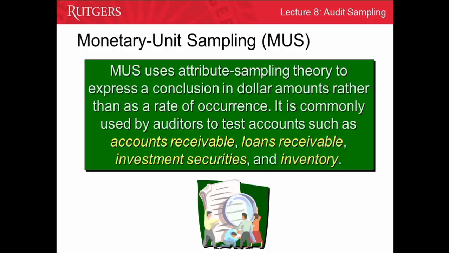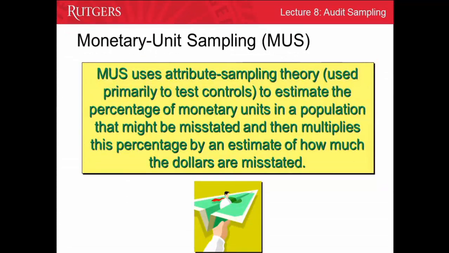For instance, an invoice for 2,565 might be entered into the accounting system as 2,655. In this case, there is a misstatement, but the misstatement is only about 3.5% of the transaction.